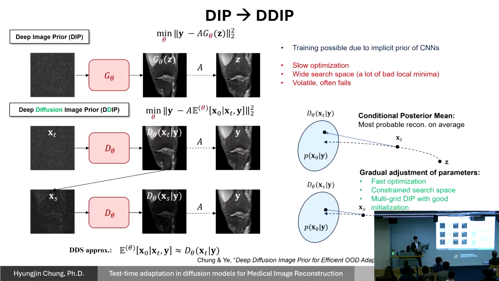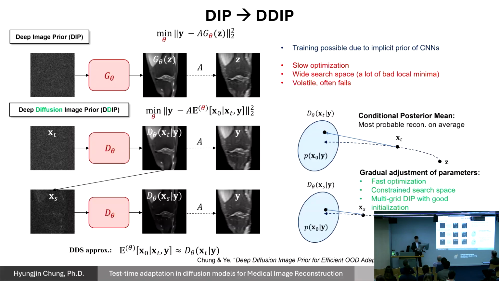Right, so let's compare DIP and DDIP. One downside of DIP is that while it works well in practice, it requires quite long optimization processes, and it often fails if you don't properly early stop the process.